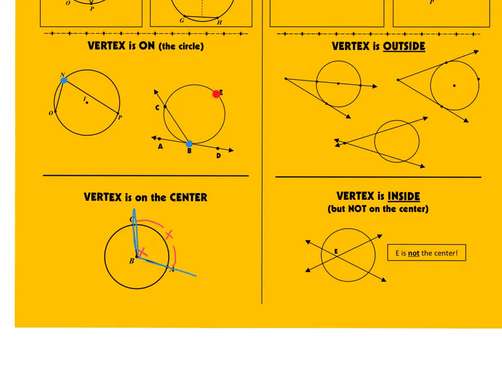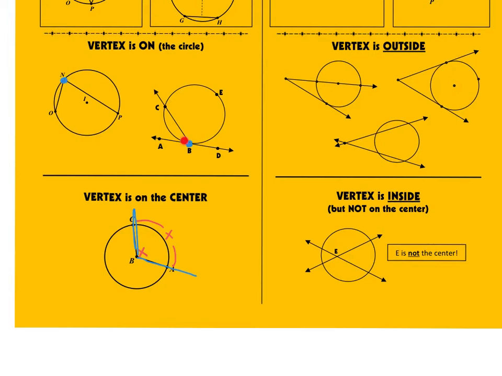Now, on this picture over here, the vertex is on the circle, but only this one side of the angle is a chord, and this side of the angle, or if we went this way, this side of the other angle, is not actually a chord. However, if the vertex is on the circle, the formula and the relationship is going to be the same whether it's an inscribed angle or not.